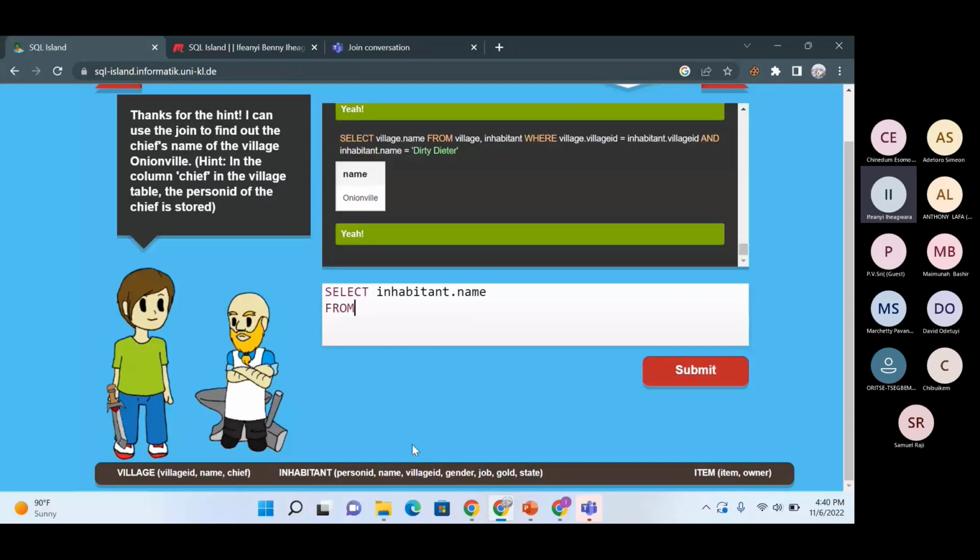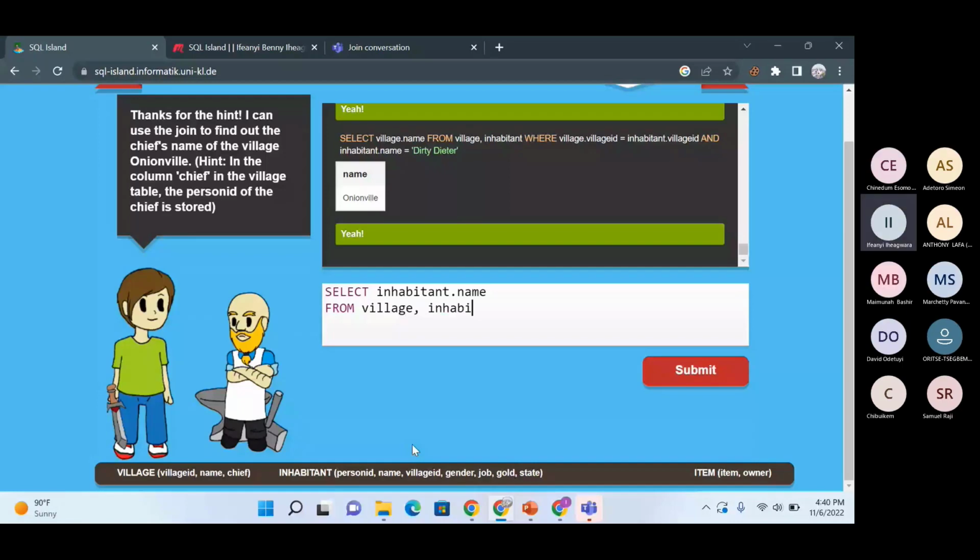However, we're getting this from the village table and the inhabitants table. So we're going to join them where village.chief, the column chief in the village table where the person's ID of the chief is stored, is the same thing as inhabitants.personid.